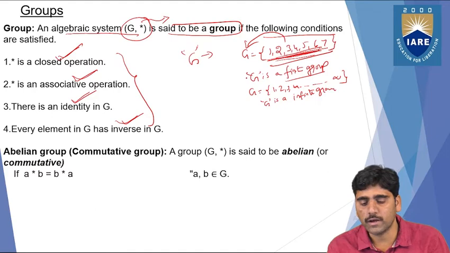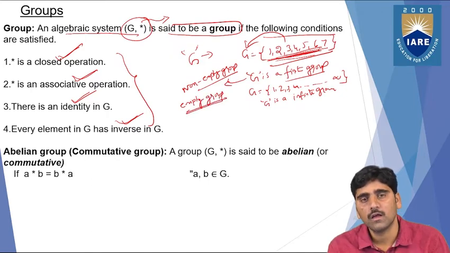So a finite group is also called a non-empty set group, a non-empty group, because the group contains some values. If the group doesn't contain any values, then you can say the group is an empty group, or you can write it as the empty set.